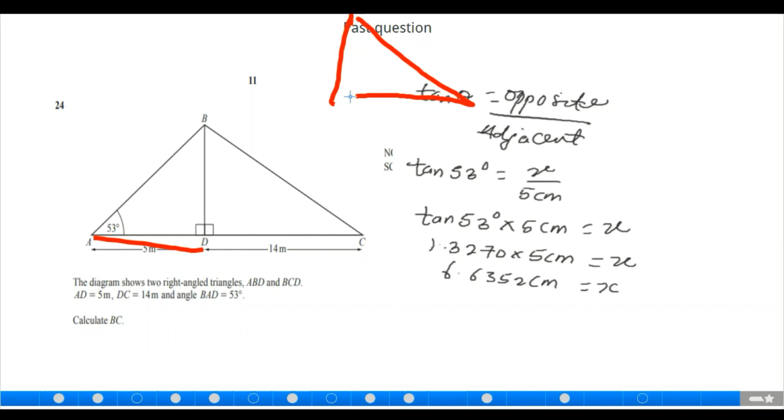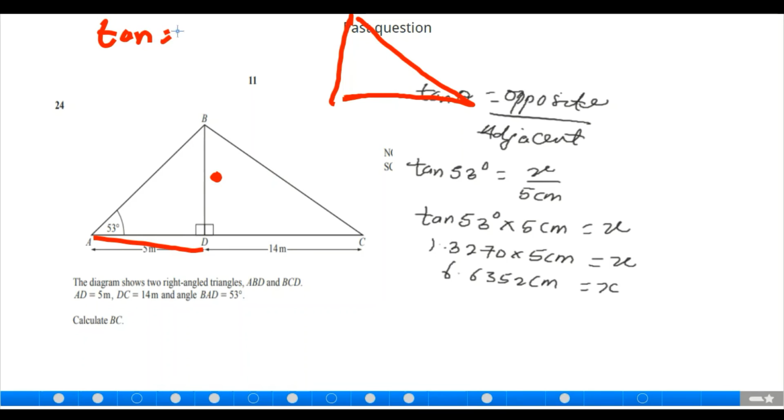We are calculating BC. Remember we have been told that we have this angle to be 53 degrees. Since we are looking for the opposite, we are going to be using tan theta.